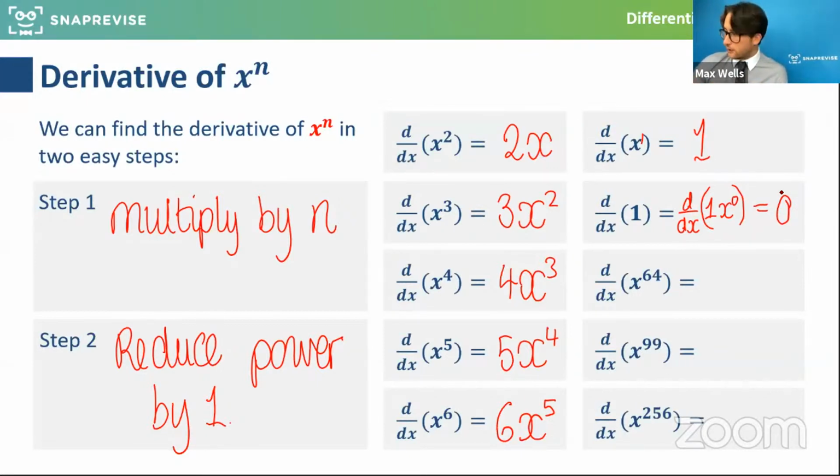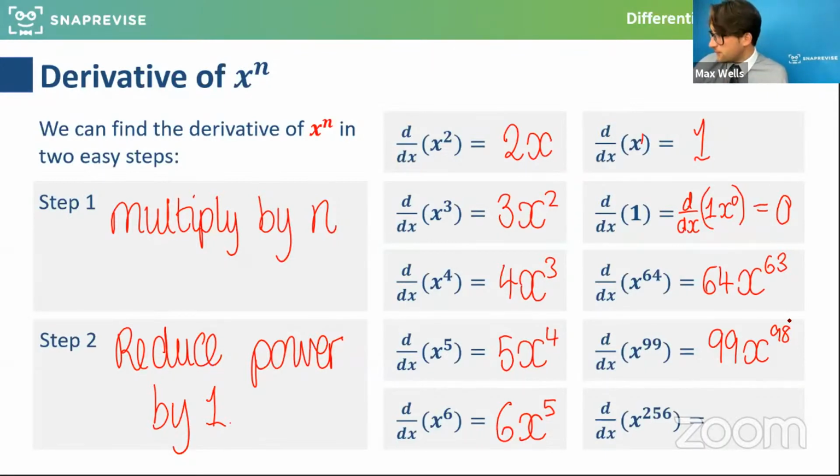Okay. So the next one here, again, same process. Times by the power, reduce the power by 1. So 64x to the 63. Lovely. Absolutely. And then we keep going. The next one, 99x to the power of 98. And we will kind of put a bit of context on this in a minute. I'm just trying to get everyone in the process of being able to do the differentiation.